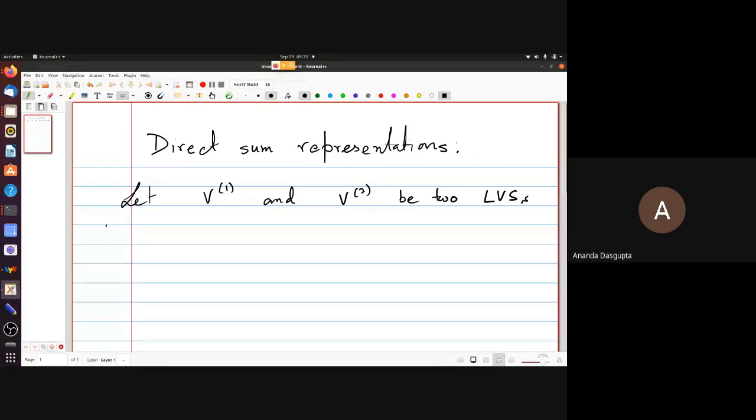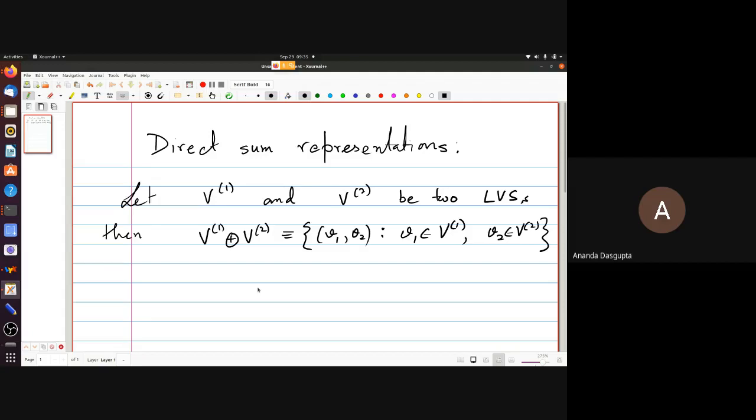Then the set V1 direct sum V2 is defined to be, so this is a definition, ordered pairs of vectors (v1, v2) with v1 taken from capital V1, the vector space, and v2 taken from the second vector space.